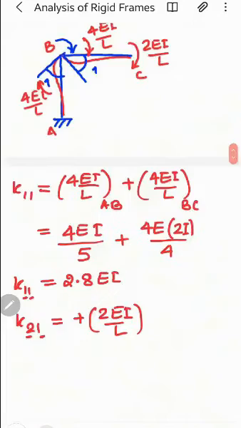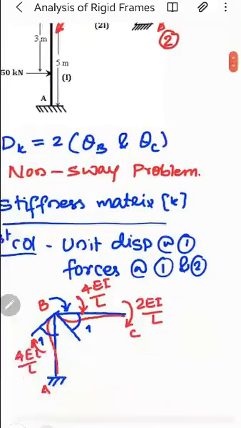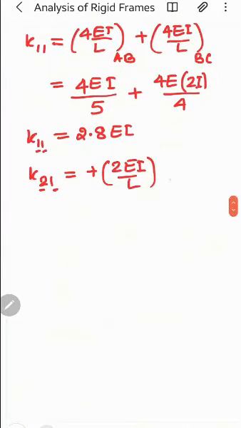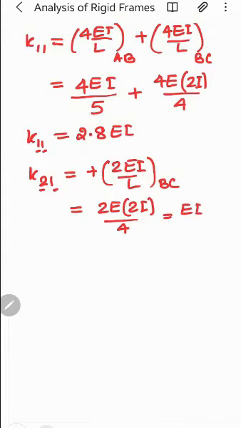So it is plus 2EI by L, but this is for member BC. Substitute the values: 2EI for BC is 2I, and length for BC is 4. So it will be EI. This is the first column.